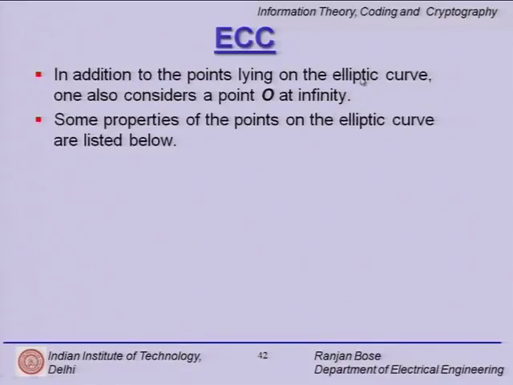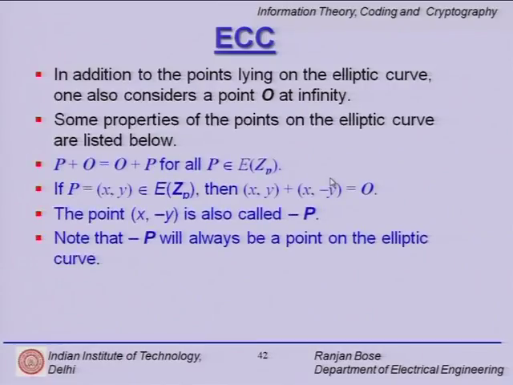In addition to these points lying on the elliptic curve, we also consider a point O at infinity. Together they form the complete set of points on the elliptic curve. What are some of the properties?